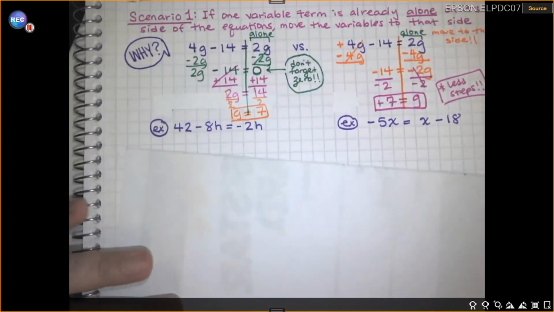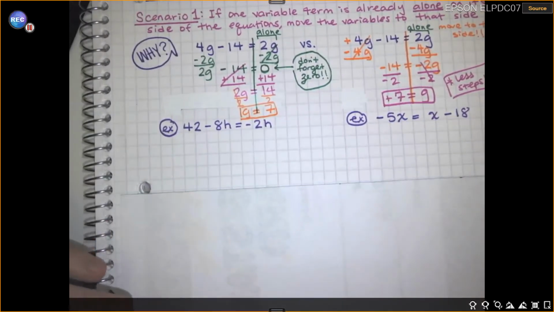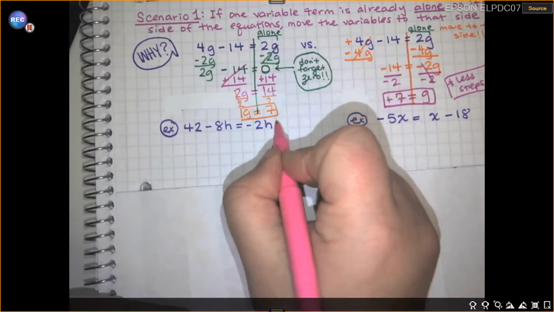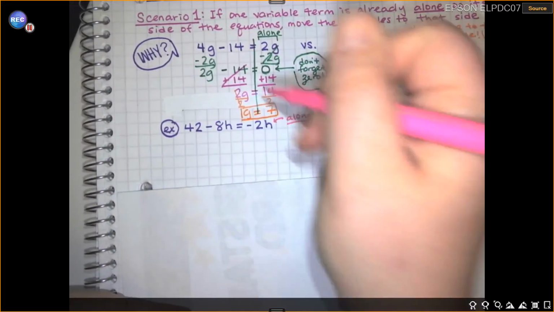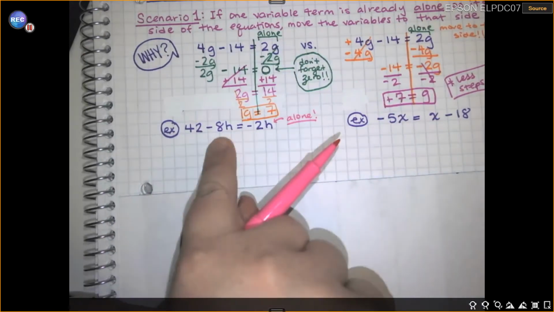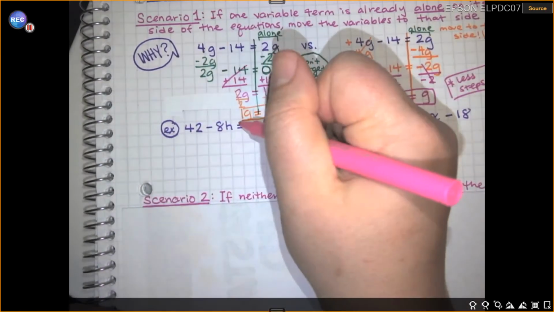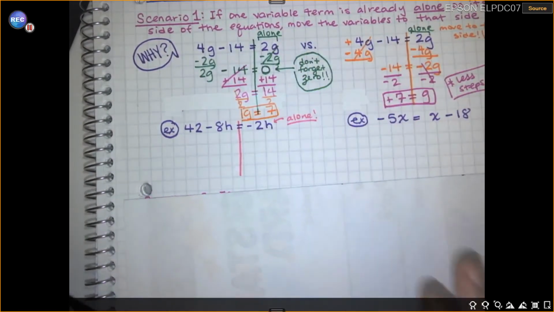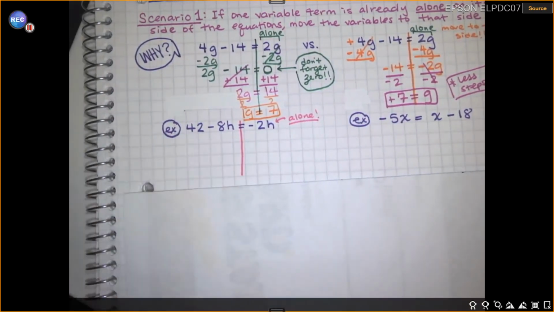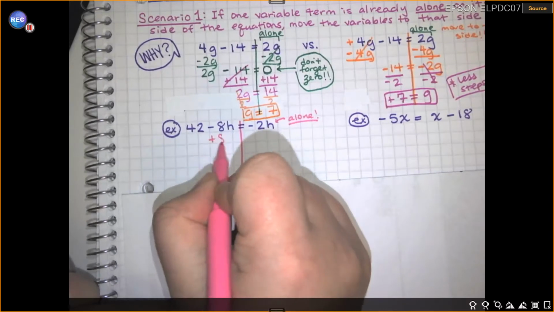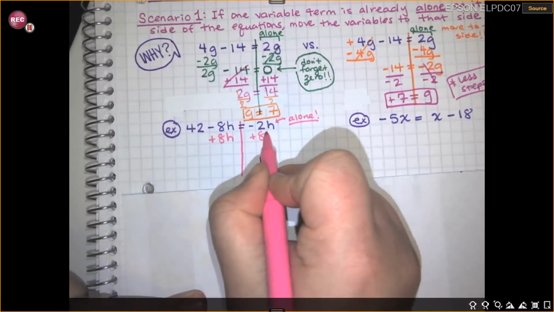Okay? So, let's do 2 more examples on that. So, this is the alone side. We're going to move all of our h's over here. Okay? That's what we're going to do. So, this is minus 8h. We're going to do the opposite and add 8h, because I want to move it.